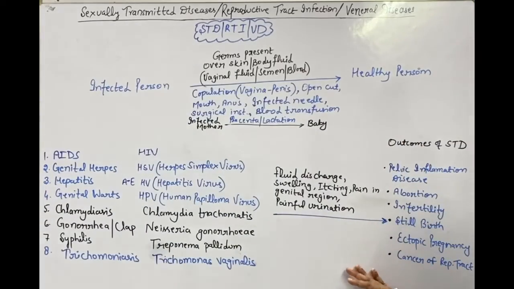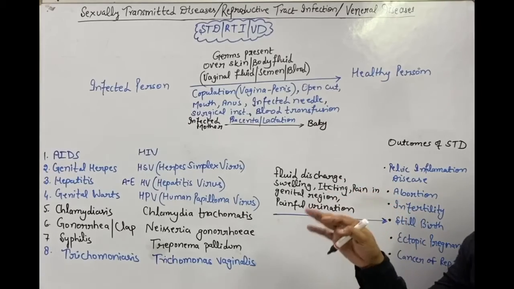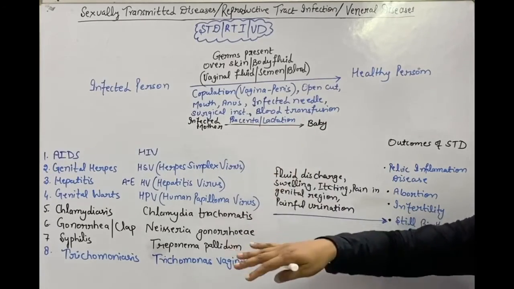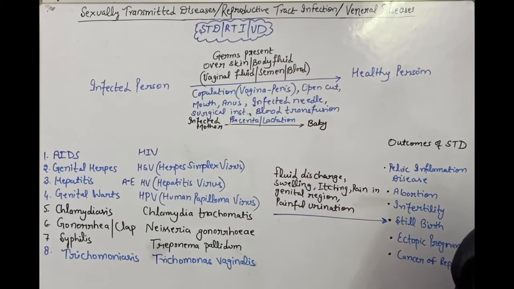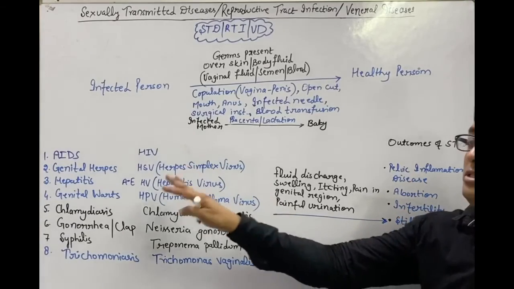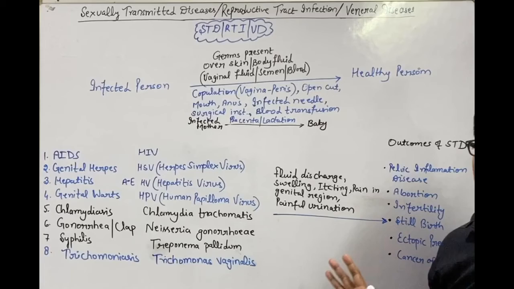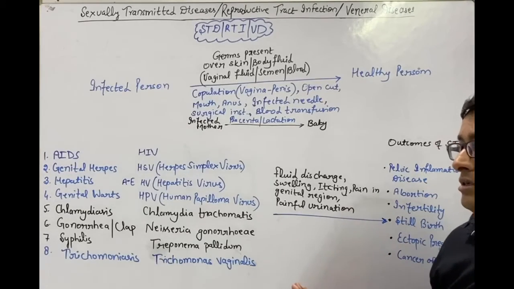Medical assistance, use of barrier condoms during sex, and avoiding sex with unknown or multiple partners may prevent these diseases. All the diseases are preventable if proper precautions and preventive measures are taken.